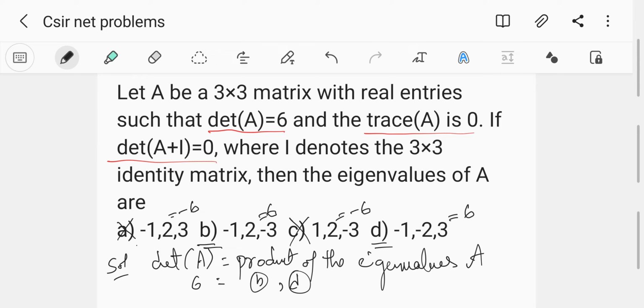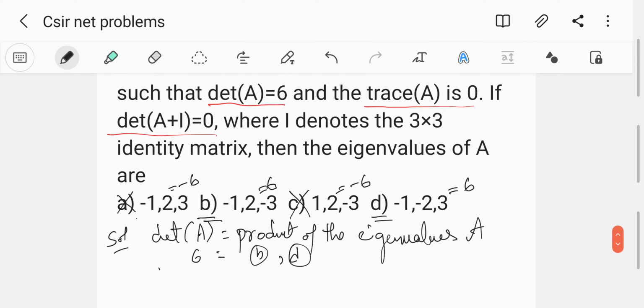Now let us check for the next condition, which is trace of A is 0. How do you relate the trace and the eigenvalues? Trace is the sum of the diagonal entries.